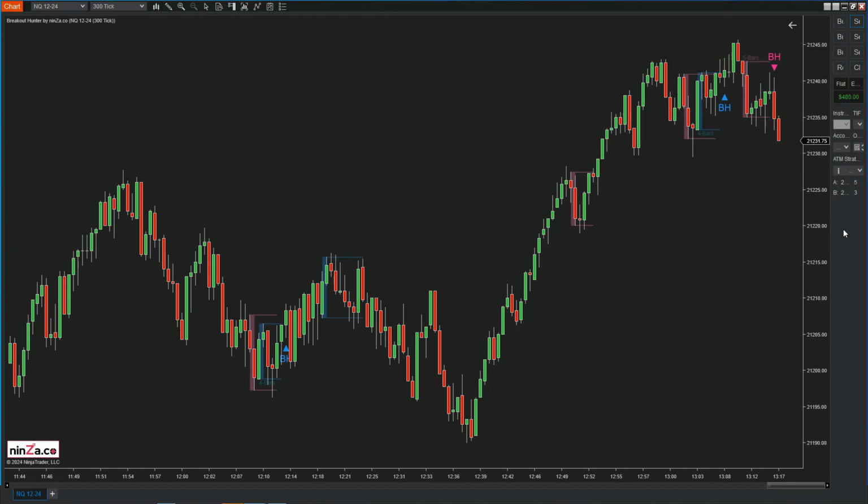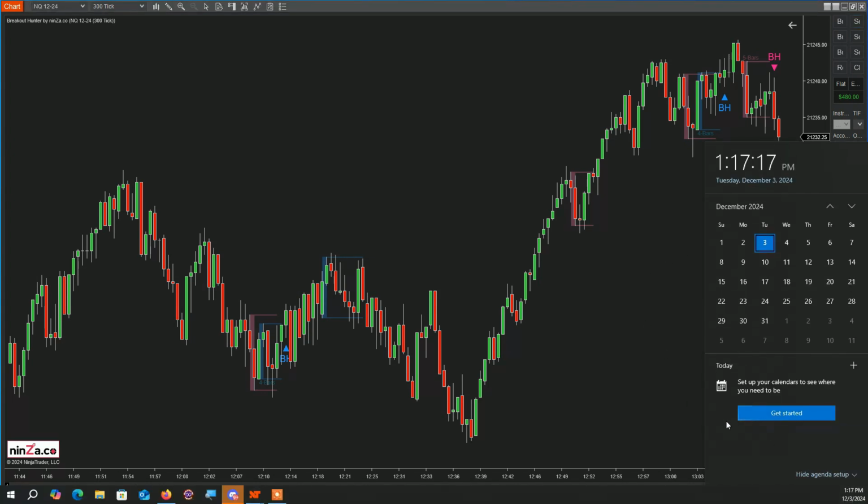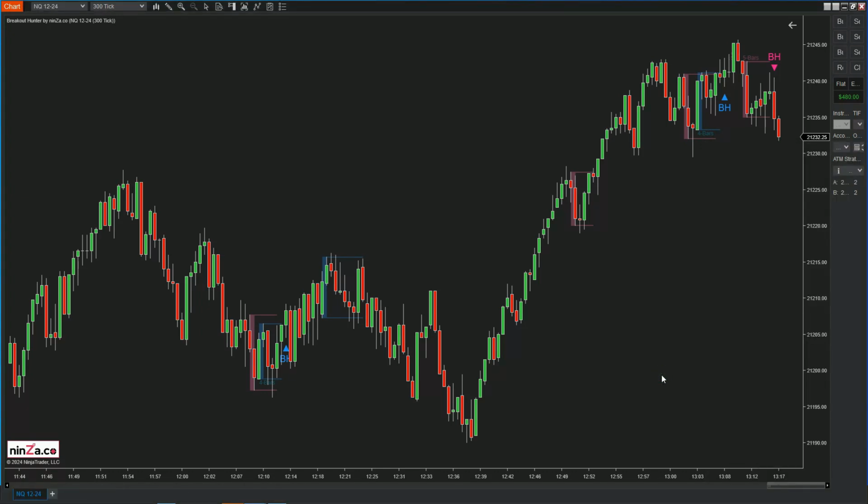Here is another one. So again, not huge targets during this time of day. But still, even a bunch of small targets still add up quite a bit. So where could this go? Well, obviously here is the first area where this trade could go to, but that's very close.